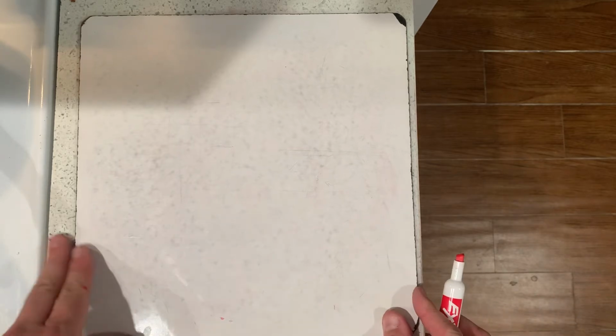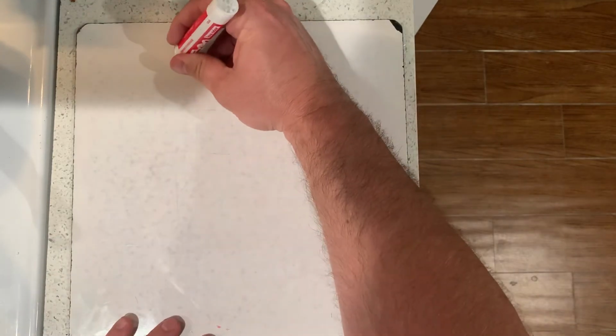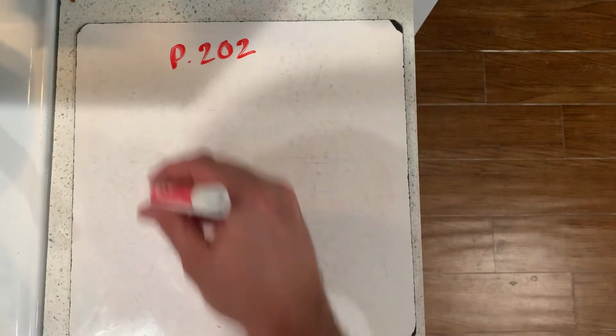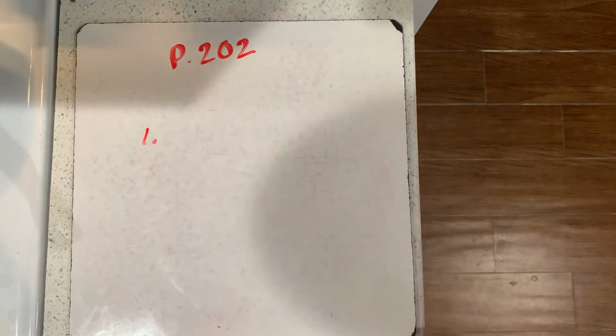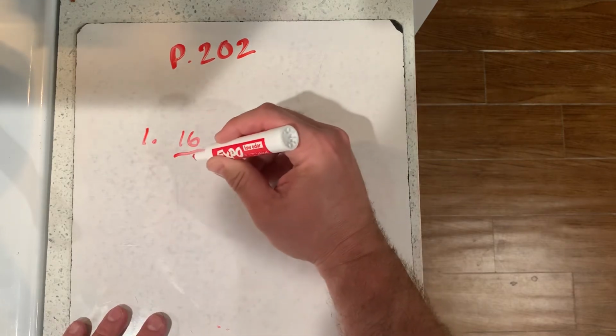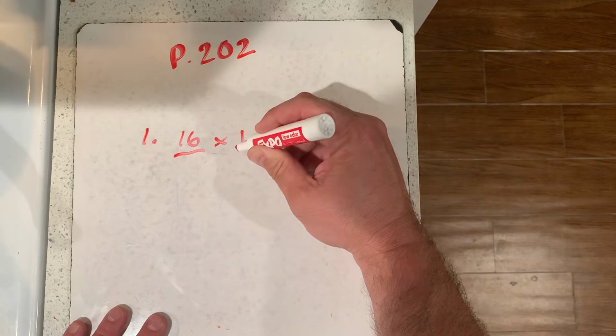So we're going to walk through some problems that you're going to see on pages 202 and 203. The first one's on page 202, number 1. Start basic. Number 1 reads 16 times 1/8.